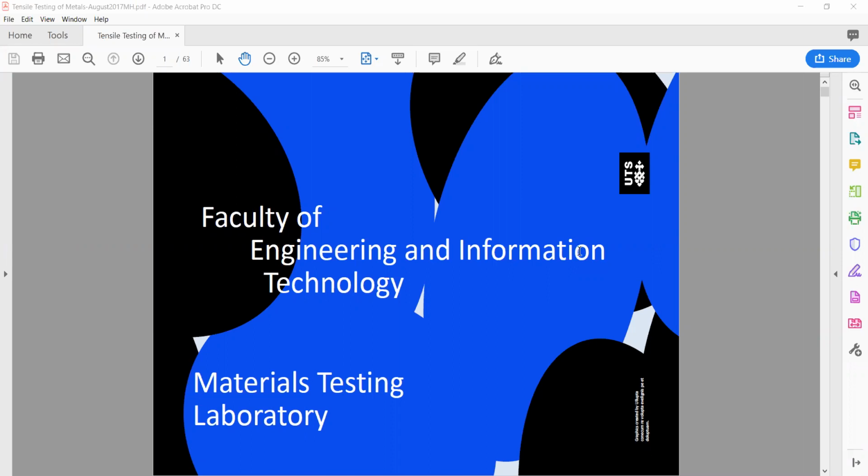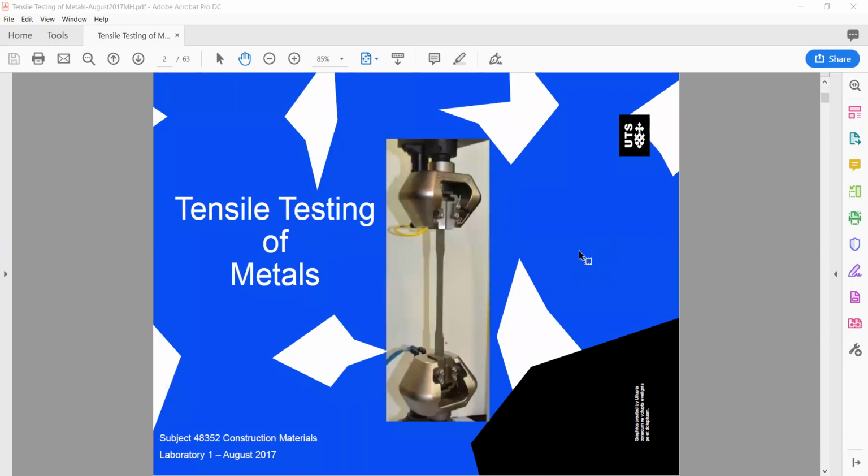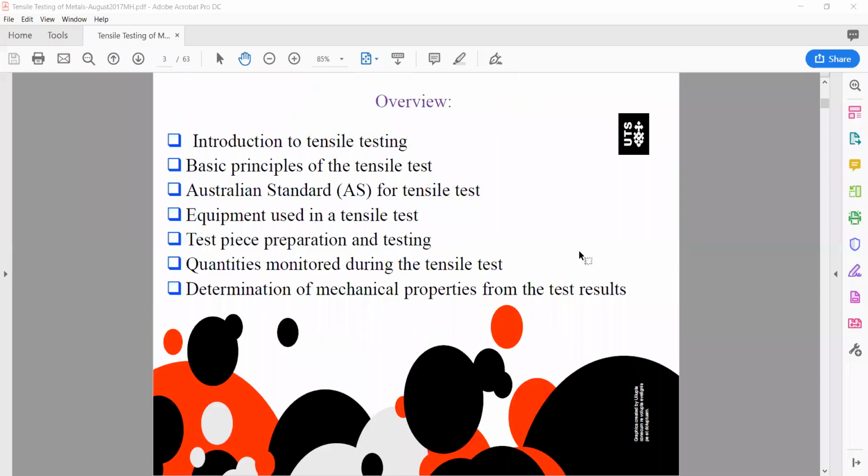These slides will give you at least a bit of information on what that part of the lab session is. So, tensile testing of metals is part of the construction materials course, I think.